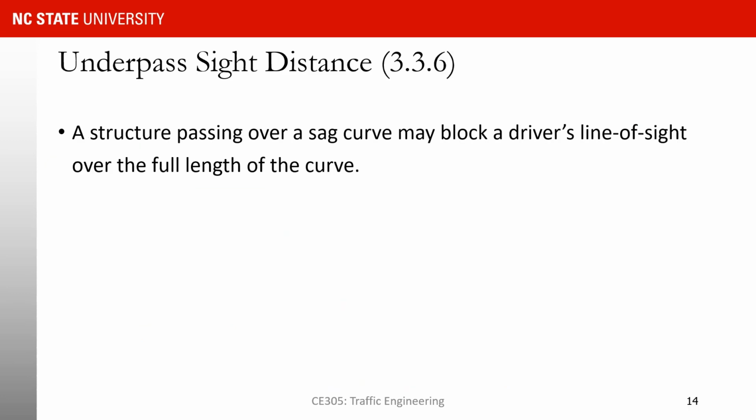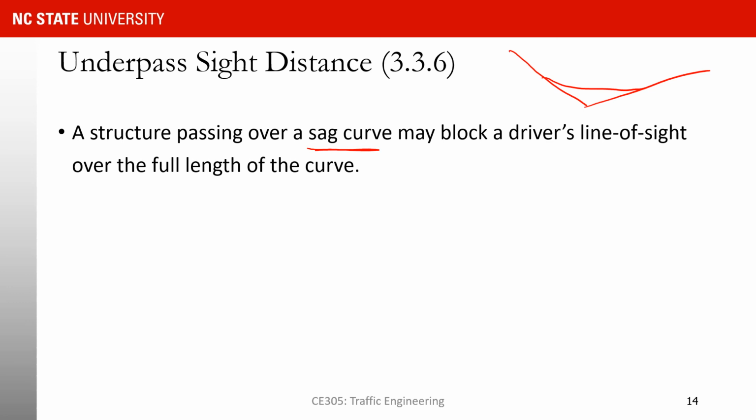Okay. So we talked about sag vertical curves, and we said that when you go through a sag vertical curve in the daytime, pretty much you don't have any restrictions, so everything is good. If you are going through that in the nighttime, the restriction is coming from the vehicle's headlight and the angle that it has with the vehicle's horizontal plane.